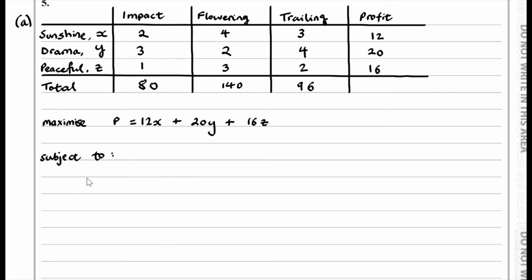Here we have 2x plus 3y plus z being less than or equal to 80.